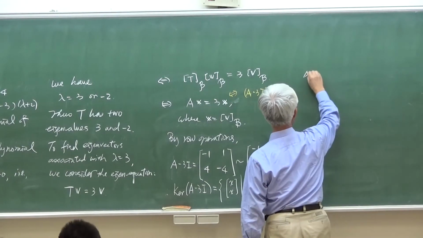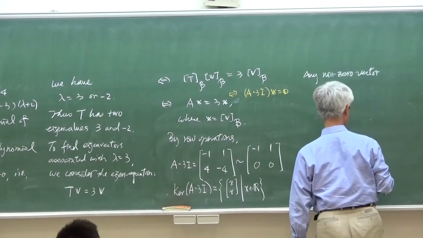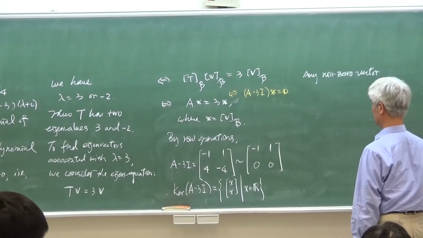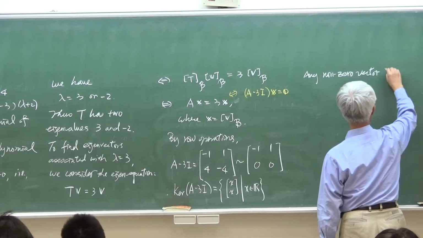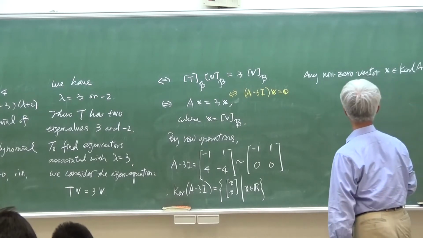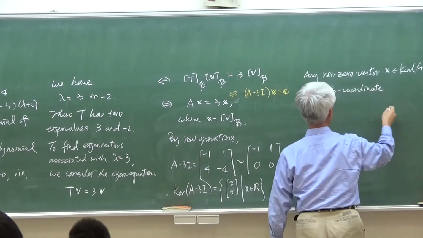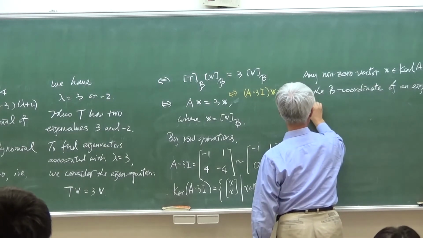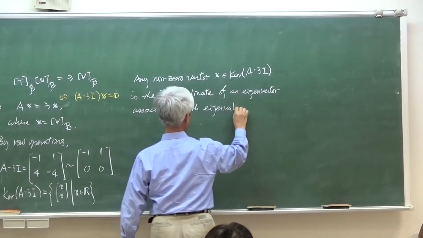So any non-zero vector x in the kernel of A minus 3I is the B coordinate of an associated eigenvector.